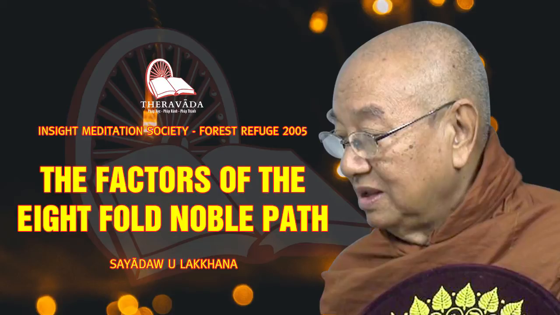Miccha ajiva Veramani Sikkhapadam Samadiyami. So one undertakes the precept to abstain from wrong livelihood. And in this way one has undertaken eight precepts with this ajiva tamaka sila.